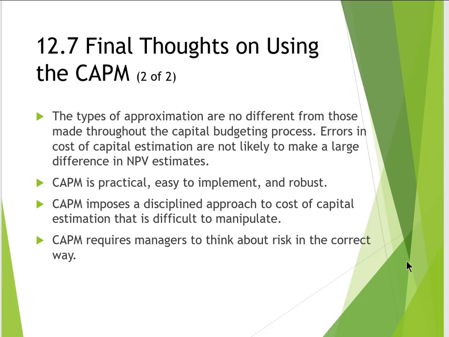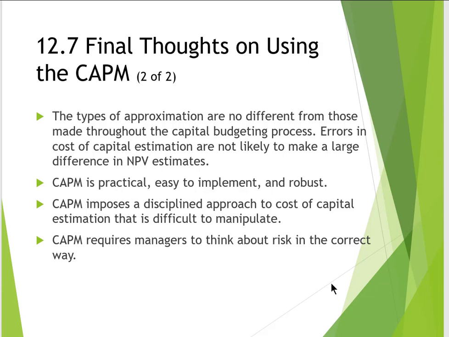The errors are not likely to make huge differences in net present value estimates because they should not affect the total number much. So maybe instead of being 8.72, it's 8.63, right? Sometimes it'll be less than a 1% difference. So overall, it won't affect our capital budgeting decisions dramatically, right?